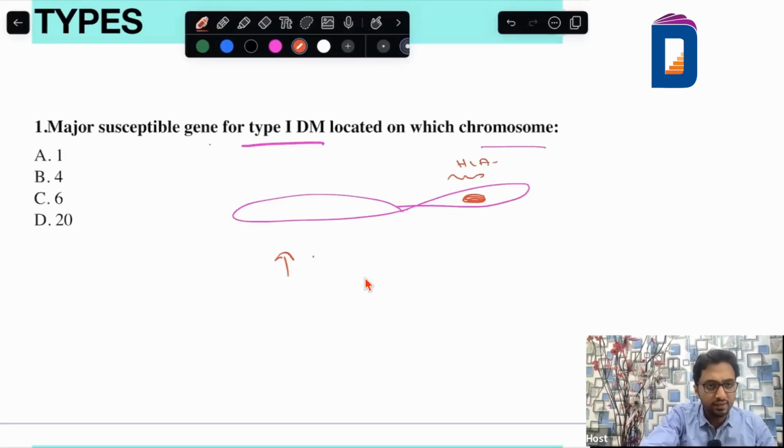What's the answer? Any guess? Very good. C is the answer, exactly. It's chromosome number 6.